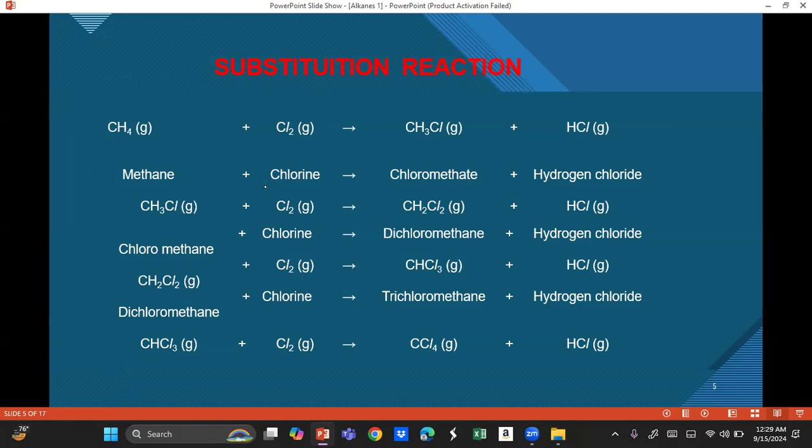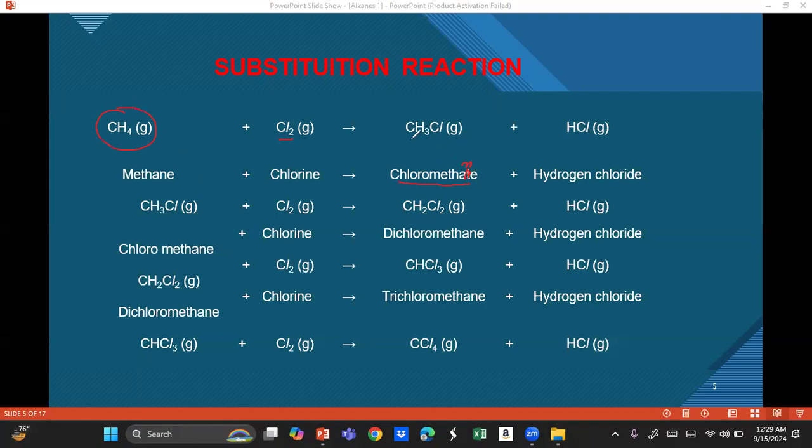For example, we are talking about substitution reaction of methane. This is one of the most important reactions which is usually considered by the examiner during the paper. For example, when methane reacts with chlorine, what is produced? Chloromethane is produced. Sorry, you may change it to N, chloromethane.